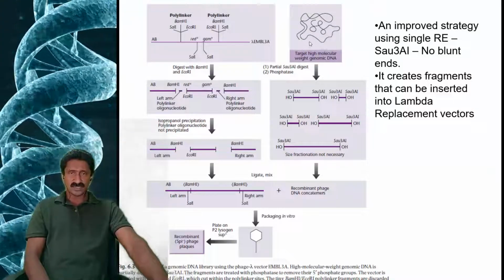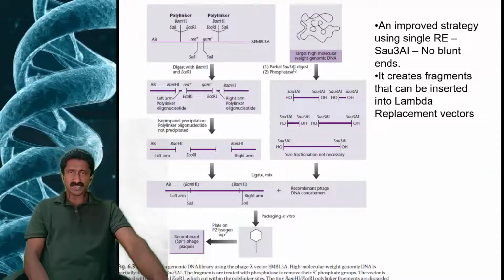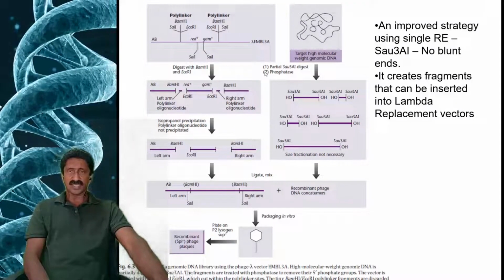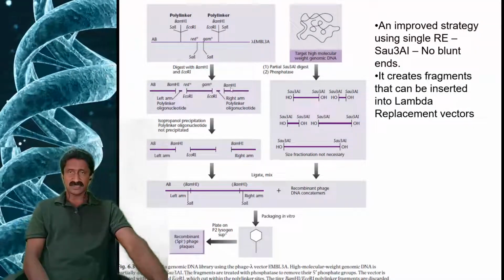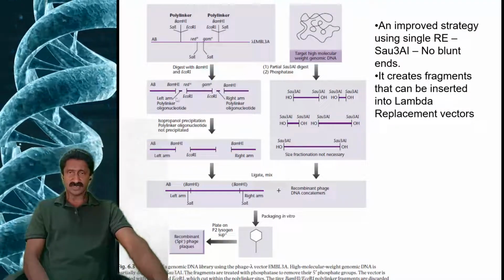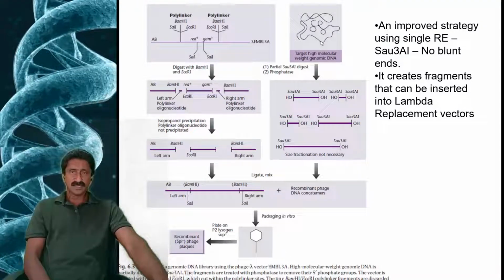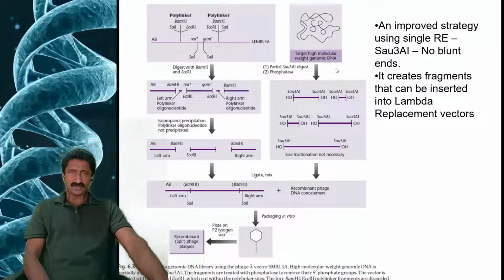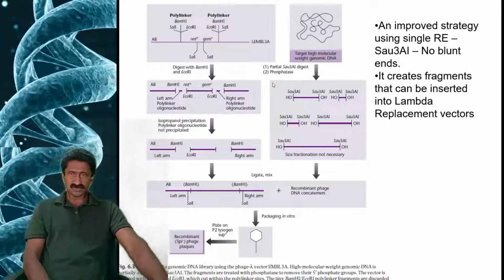So this is the chromosomal genomic DNA. A partial digest with Sau3A will result in the digestion of this lambda vector and creation of these fragments. And here we also have the phosphatase treatment.